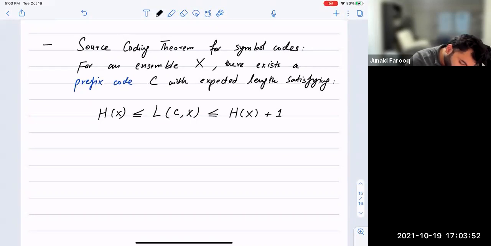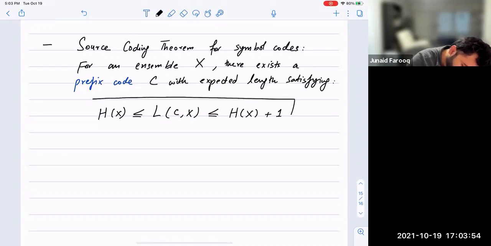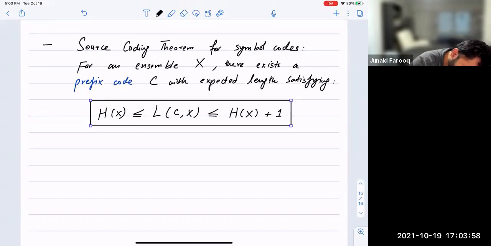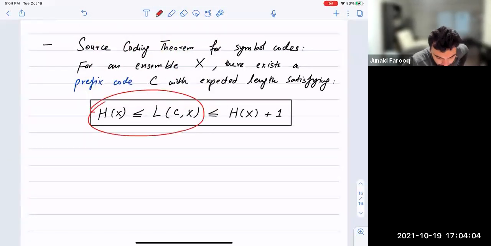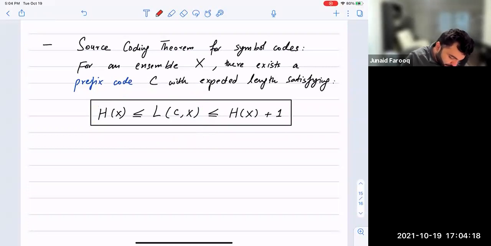Okay, we're not going to do a proof here, but the result is intuitive. The entropy lower bound we've already seen. What we have to show is that the average length is always less than the entropy plus one bit.